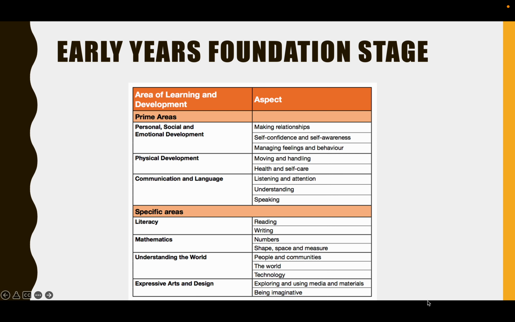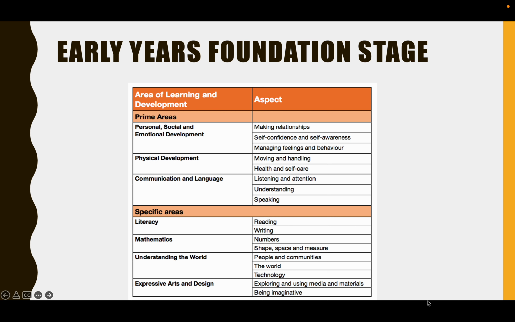After they're a year old, 18 months old, this is when they should really start to be exploring more the specific areas of learning, and these include literacy, mathematics, knowledge and understanding of the world, and expressive arts and design, or creative development if you like. And then each area of learning, if you look on the right hand side of your screen, you can see a list of aspects.